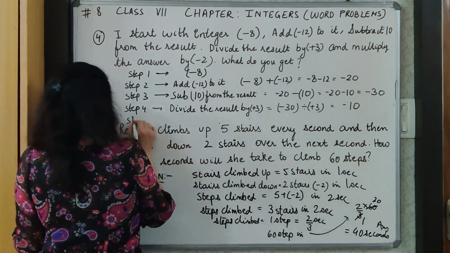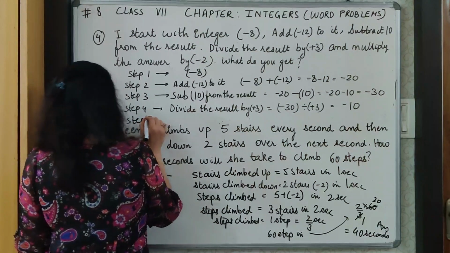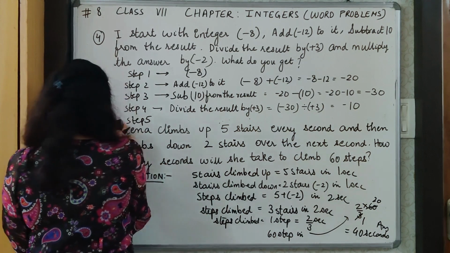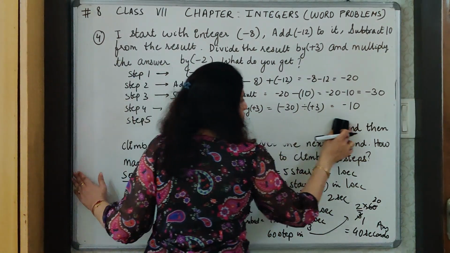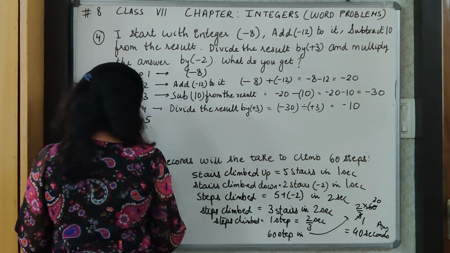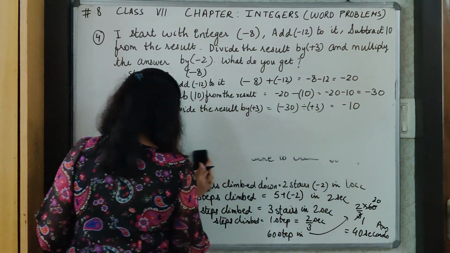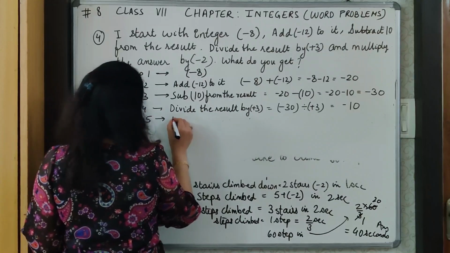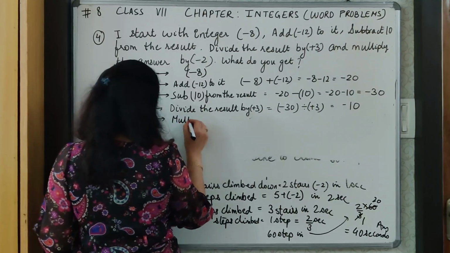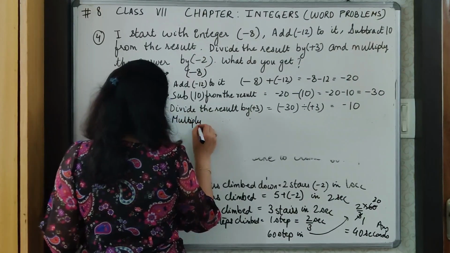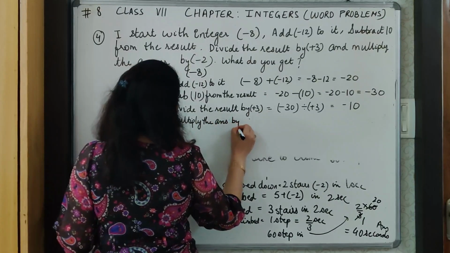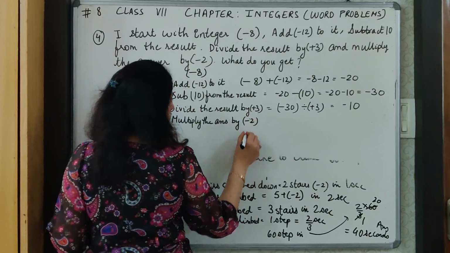So the last step here, step 5. For clarity let this also go. In step 5 it is saying multiply the answer by minus 2.